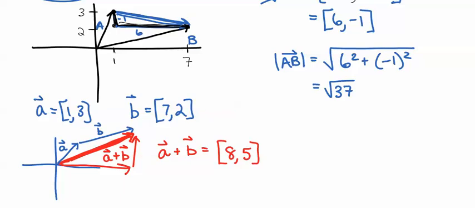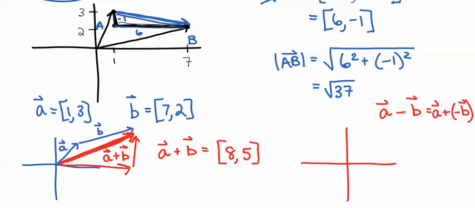And then one more thing, if you wanted to subtract them, just to show you what that would look like, vector A minus vector B is the same thing as saying vector A plus the opposite vector of B. So the opposite vector of B, instead of going in this direction, goes like that.